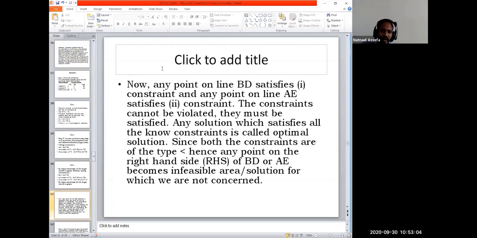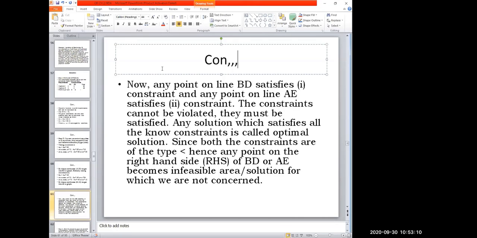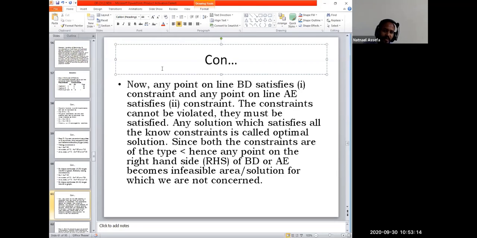So now here, any point on line BD is the first constraint, and any point on line AE is the second constraint. The constraints cannot be violated; they must be satisfied.